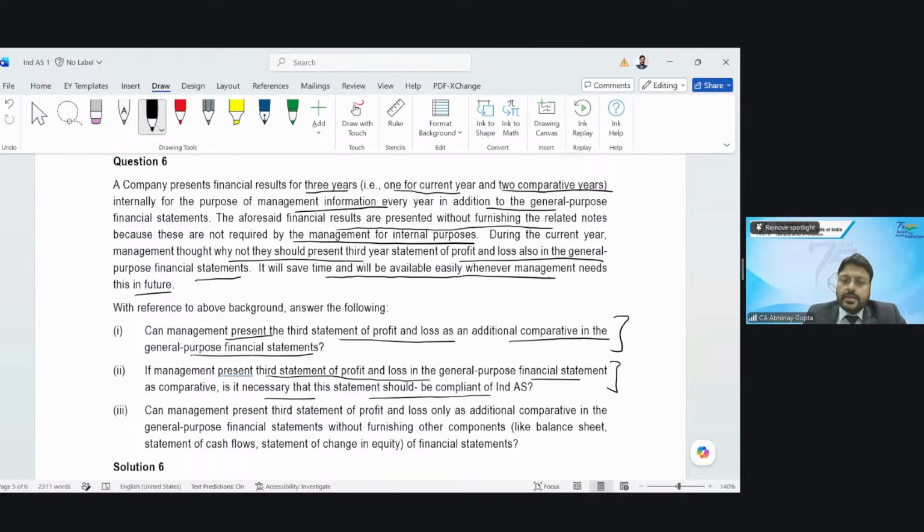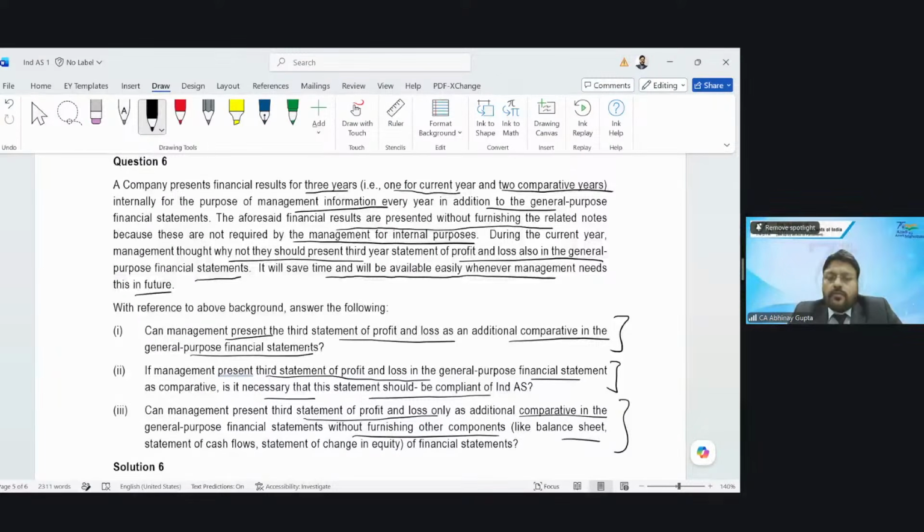And third ask, can the management present the third statement of profit and loss only as additional comparative in the general purpose financial statements without furnishing other components? For example, the third balance sheet, the third column for the cash flow, the third column for the statement of changes in equity. So three asks, whether we can present the third column in case we wish.